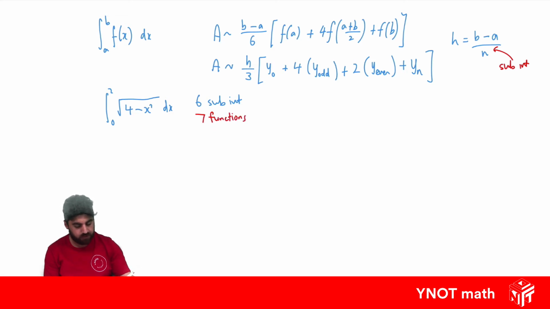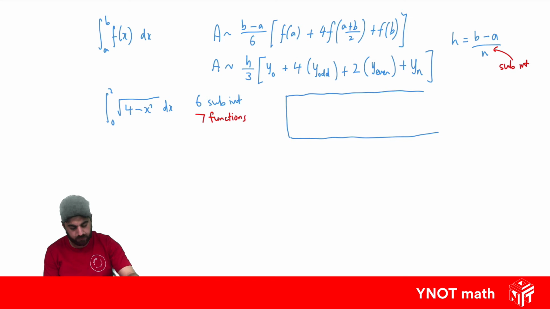So we need to draw up a little table with 8 columns, and we're between 0 and 2.